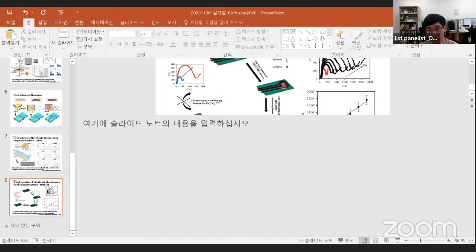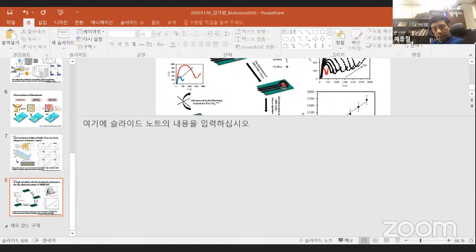Actually, diagnostics based on lab on a chip technology is currently having a hard time with commercialization because of handling very small amounts of volume for non-experts. I see.